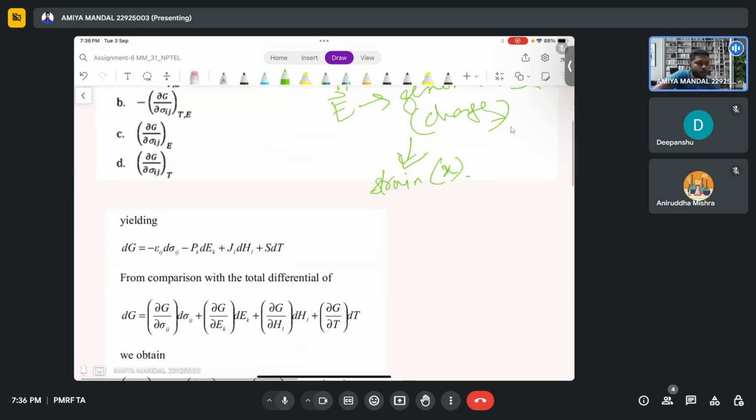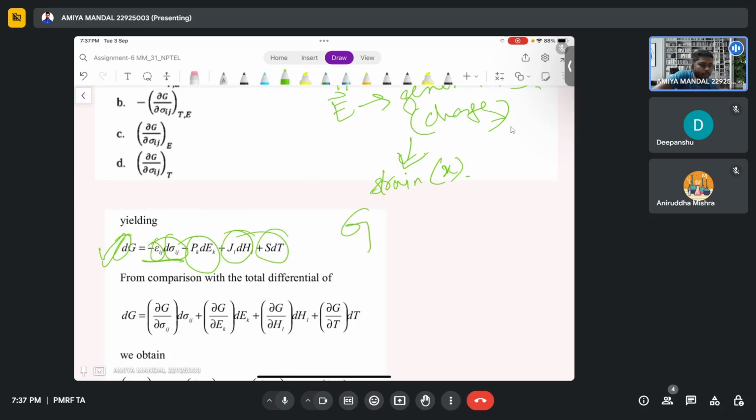You are already aware of this relation: delta G, where epsilon ij delta sigma j, this is electric field and polarization, this is heat dissipation, and this is entropy.